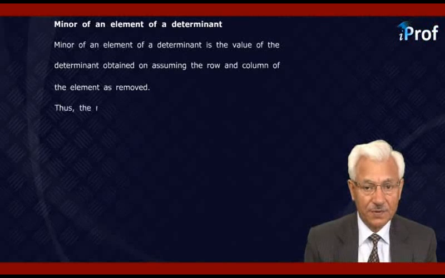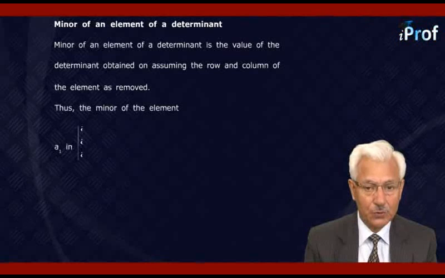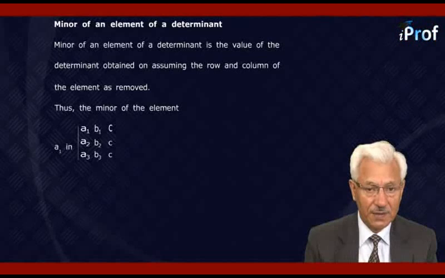Thus, the minor of the element a1 in the determinant a1, b1, c1, a2, b2, c2, a3, b3, c3: here we remove the first row a1, b1, c1 and the first column a1, a2, a3.